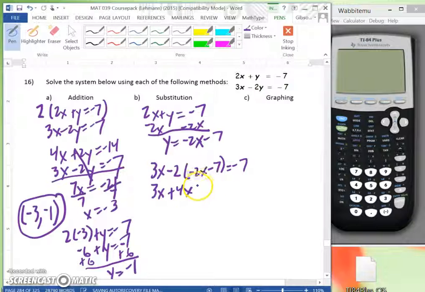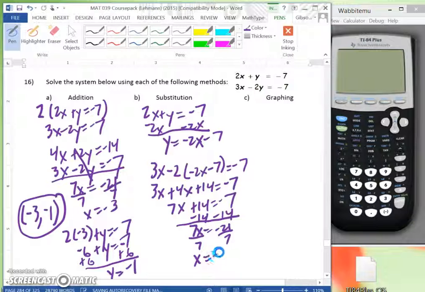Negative 2 times negative 7 is positive 14, and that equals negative 7. So this will give us 7x plus 14 equals negative 7. So we will subtract 14 on both sides, and 7x equals negative 21. We'll divide each side by 7, and x is negative 3.